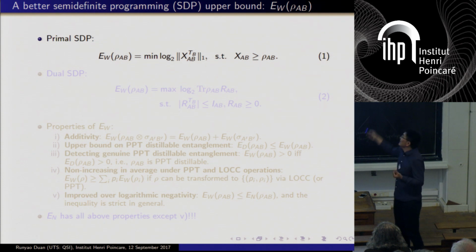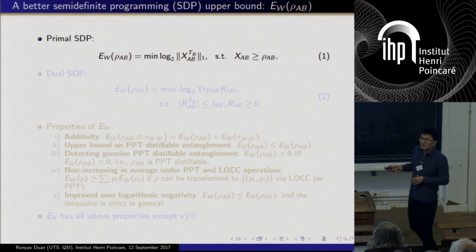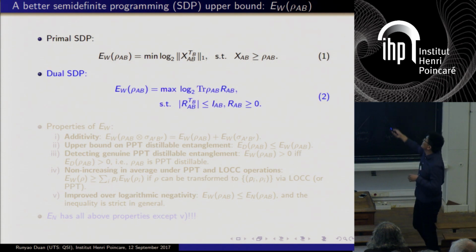So you see that if X equals rho AB, then this formula gives you the logarithmic negativity. But if they're not equal, then if you take the minimization, there is a possibility it could be strictly smaller. Okay, so this is actually the case, and we can write out the dual SDP of this number.